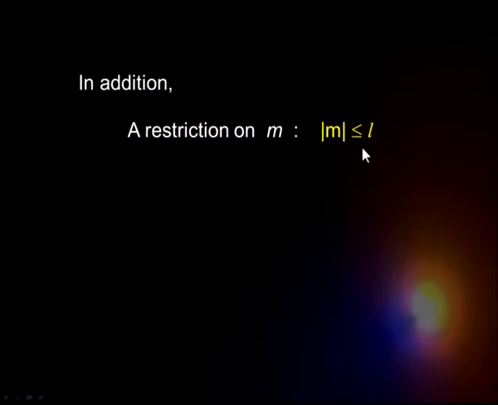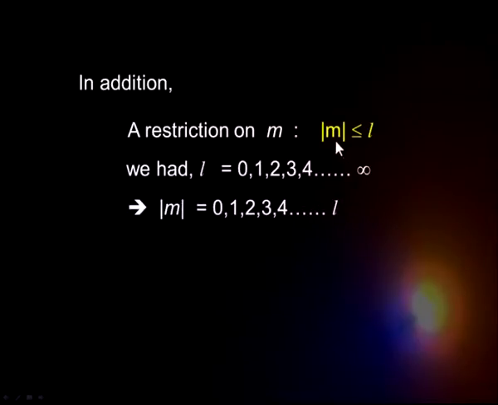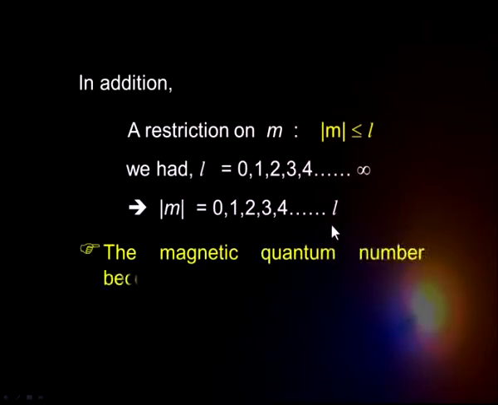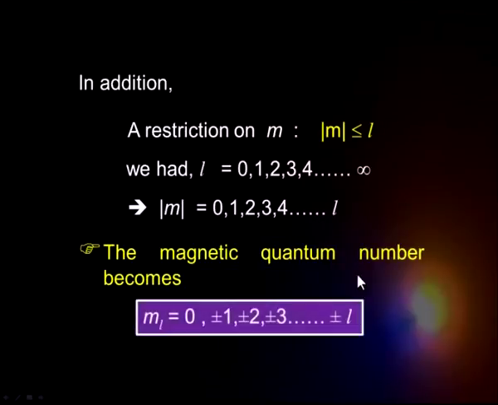Now, we had the value of L equal to 0, 1, 2, 3 up to infinity, and since the modulus of m can be at most L, my modulus of m becomes 0 up to L and not up to infinity, because the values of m depend on the value of L. In other words, the possible values of the magnetic quantum number m are 0, plus or minus 1, plus or minus 2, up to plus or minus L, and not till infinity. L may not be infinity at all. We'll come to that as we proceed further.